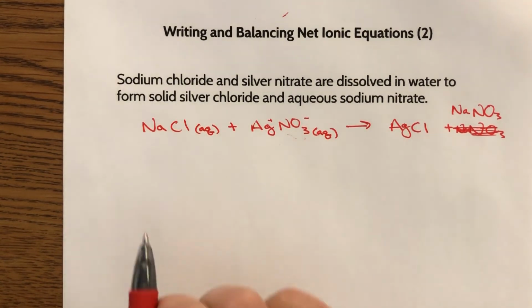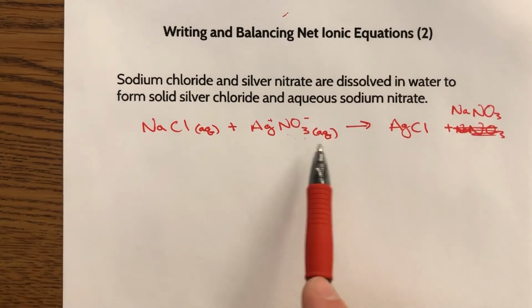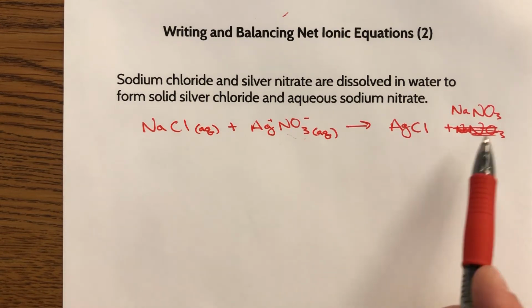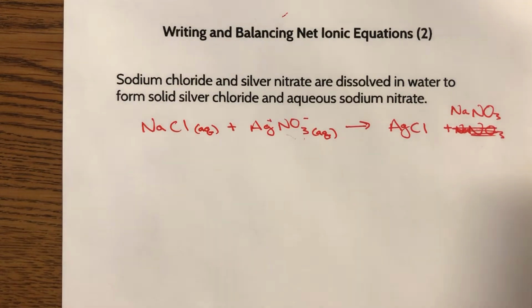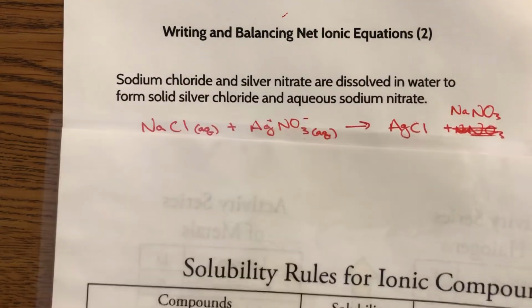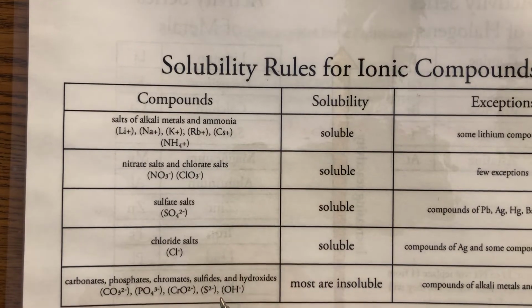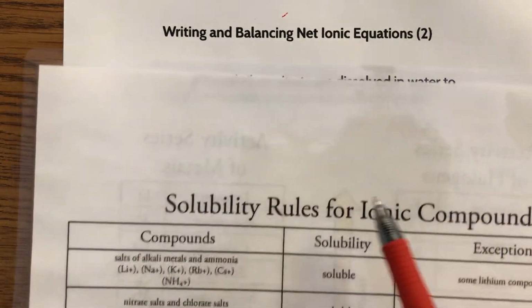So we've got sodium chloride in an aqueous solution, and we have silver nitrate in an aqueous solution, and we're going to see which one of these forms the precipitate. So we're going to pull out our solubility rules sheet, and we're going to examine what we have here. Let's take an example. We have sodium and nitrate.